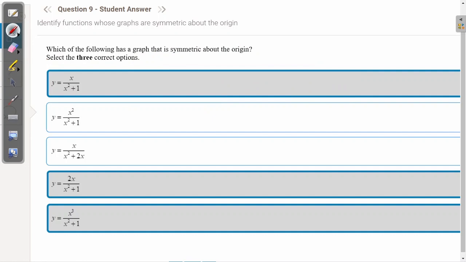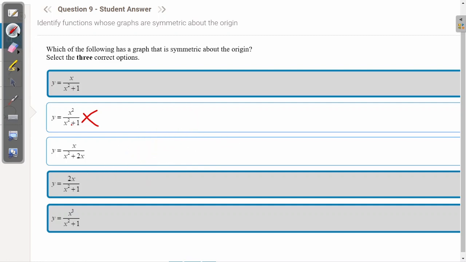This one, x squared stays, x squared stays, so it's equal, so it's wrong. This one, x will be negative x over x squared stays minus 2x. Here you should have only one negative above, and the denominator just stays the same, not like this. So it's wrong.